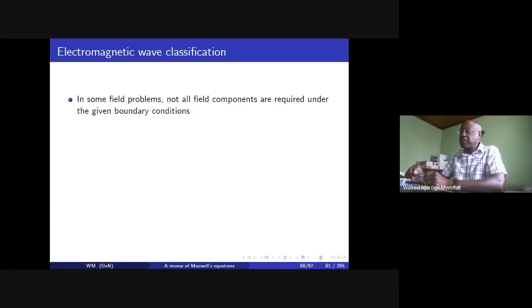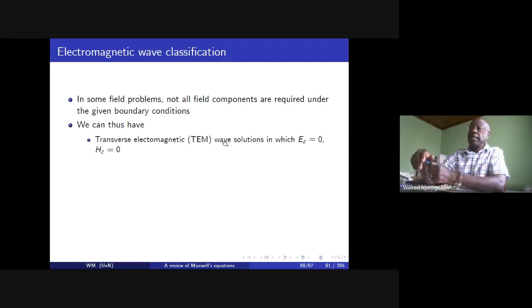But in some problems that we shall face as we study electrodynamics in this course, we shall find that there are conditions where not all components are required for the given boundary conditions. And this is what makes splitting or writing Maxwell's equations in reduced form very useful for us. So we can have one, that the electric and magnetic fields in the axial directions are identically equal to zero.